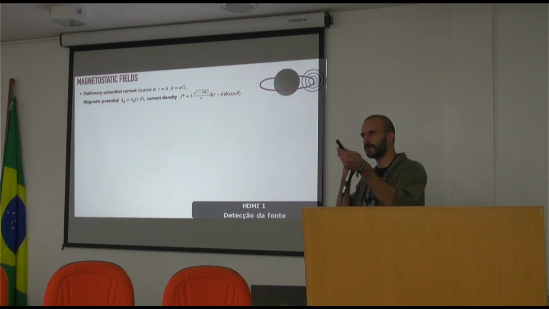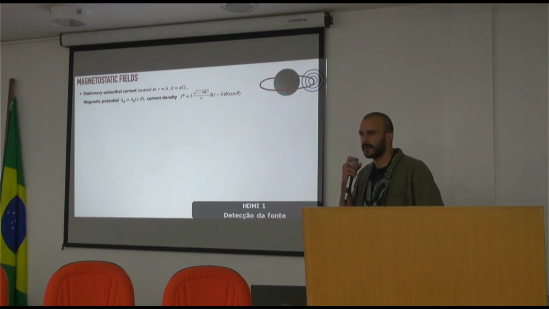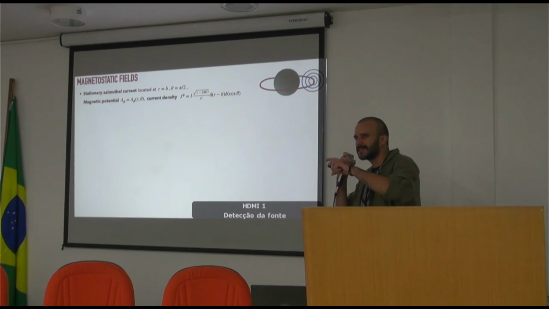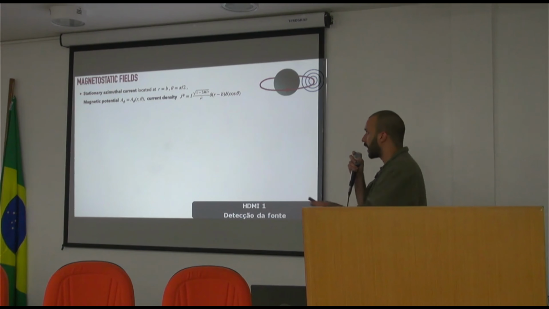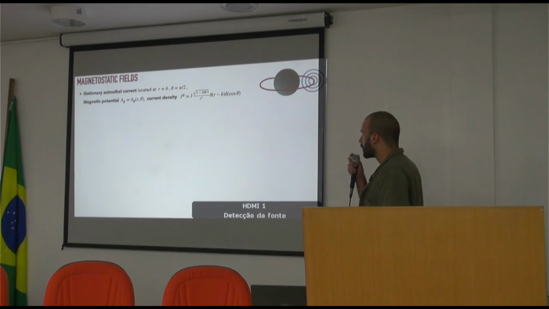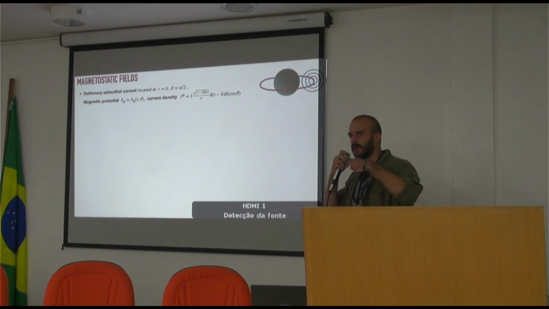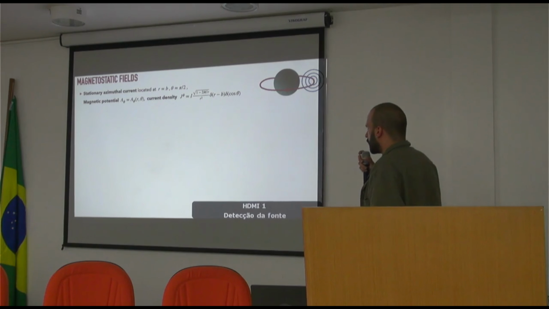So we have a current loop running along the equator of this large black hole, and since we have a current, it is natural that this current generates a magnetic field. So the black hole has, in some place nearby, at radius r equal b, a source for the magnetic field.